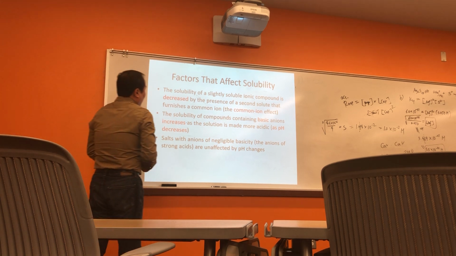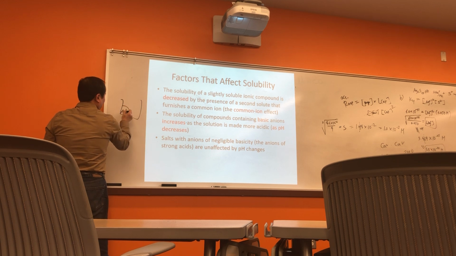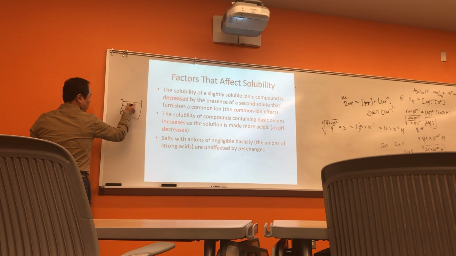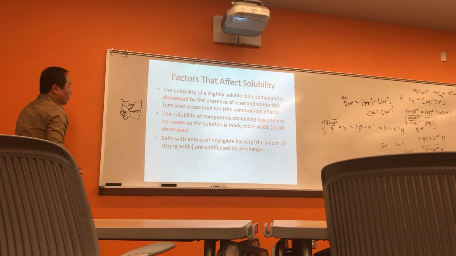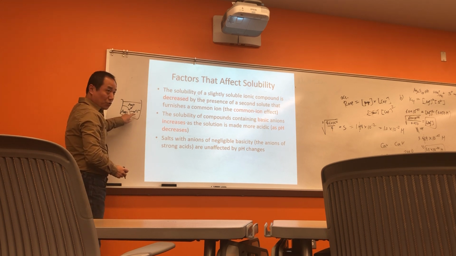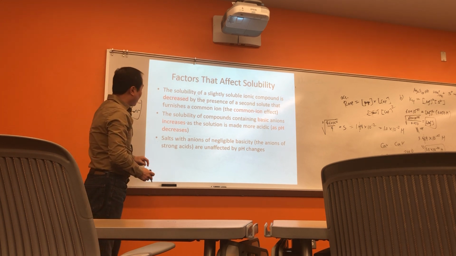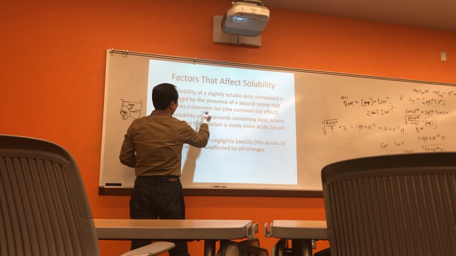So for solubility, when you put some salt, like AgCl in the solid phase, into the solvent, it dissociates and dissolves like this. Now there are certain factors that will either increase or decrease this solubility. It will be decreased if you have a common ion.